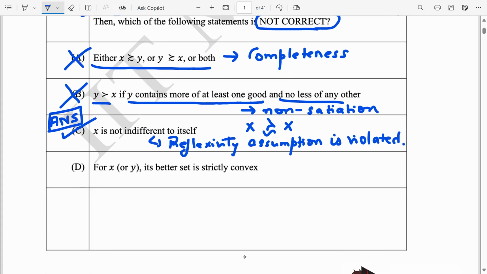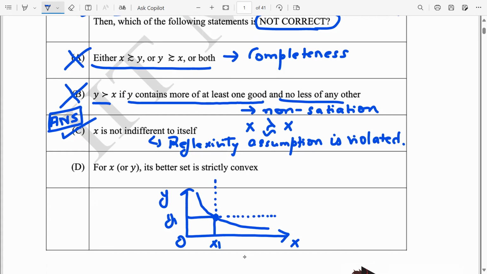Okay. So remember, if I quickly draw a diagram, this is good X, this is good Y. This is my indifference curve, which shows combinations of good X and good Y, which give equal satisfaction to the consumer. If I choose any bundle X1, Y1, what is my strictly better set?